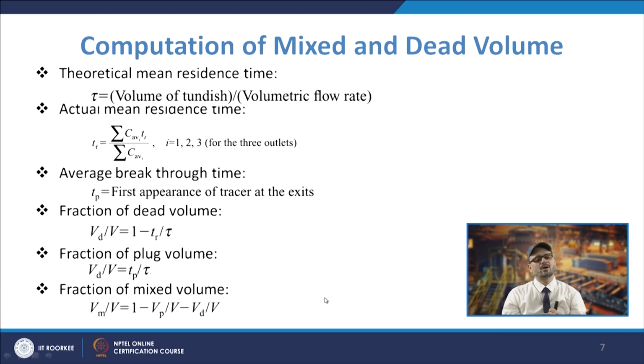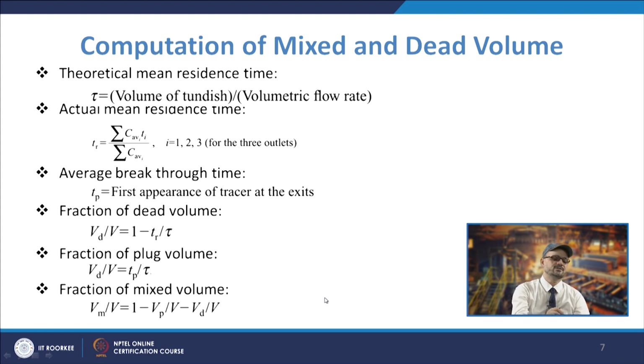And you can get these different fractions. Once you get the Tp, where the first appearance of tracer is recorded, from there you can get the plug volume. This is Vp, not Vd.